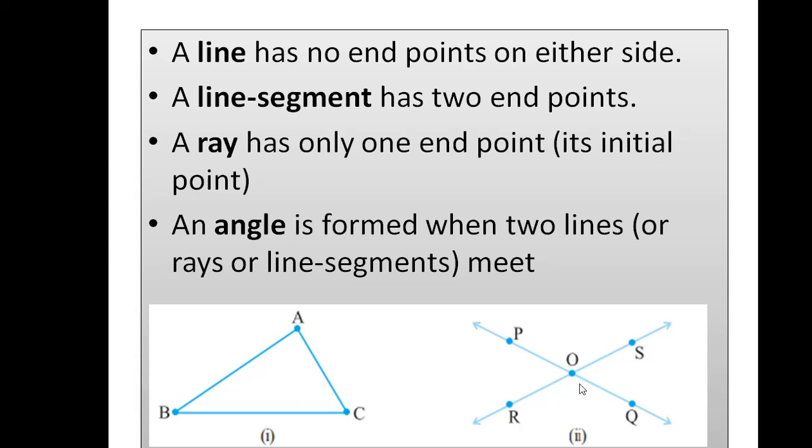O is the intersecting point where angles are formed. At point O we will get four angles. This is a triangle. So here also, line segments BA and AC will meet at A.